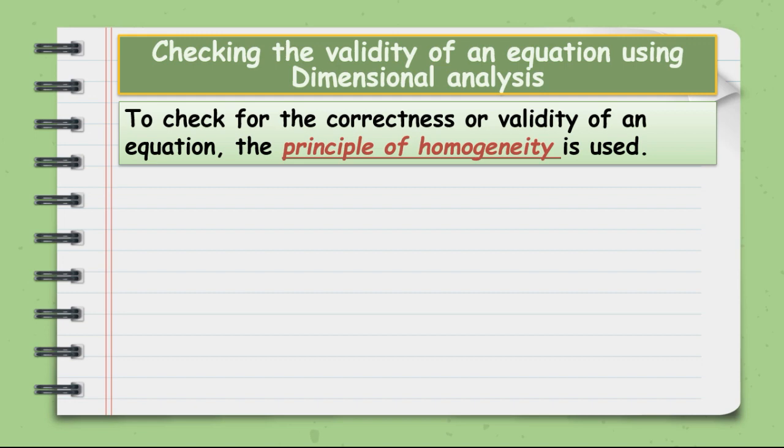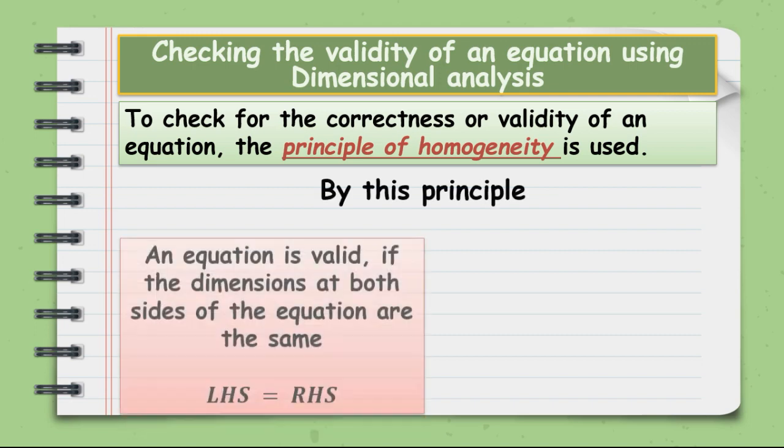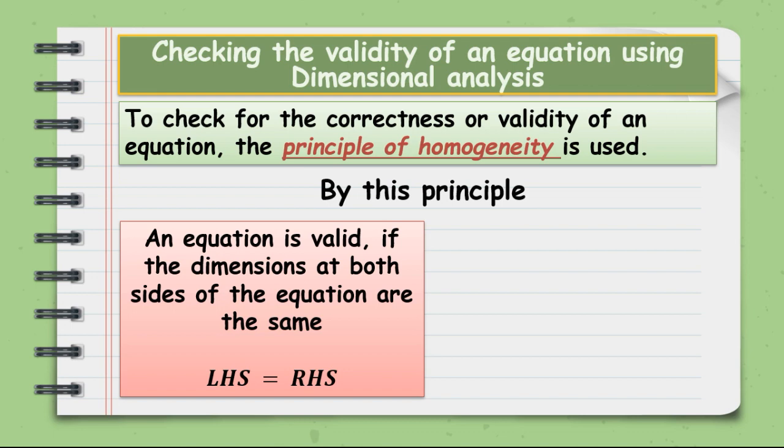And that principle is called the principle of homogeneity. Friends, this principle of homogeneity simply states that you can only say an equation is dimensionally valid if and only if the dimensions at both sides of the equation are exactly the same.